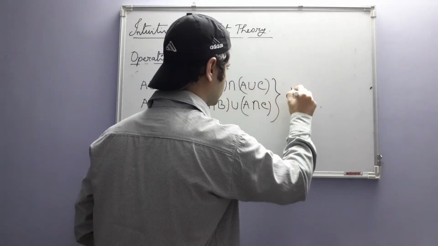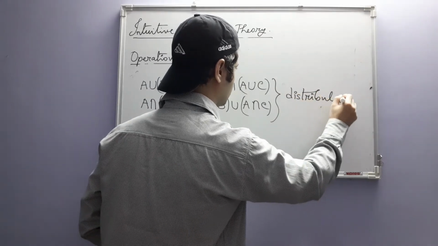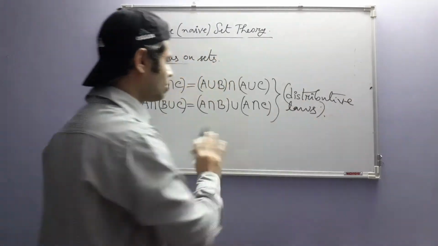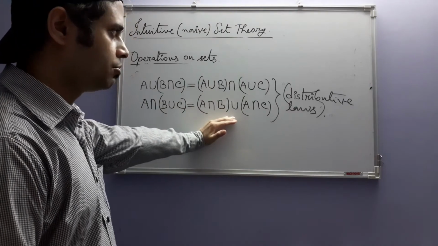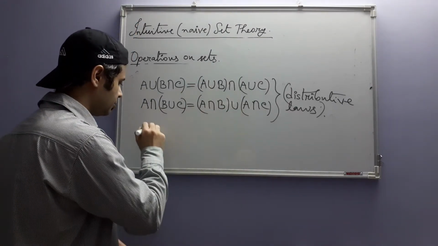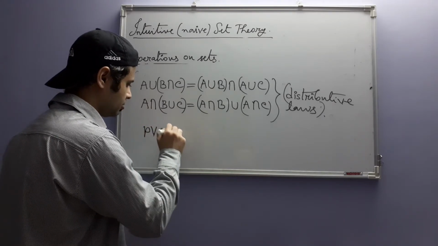These are called the distributive laws. These also I will not prove, and I suggest you to refer back to the distributive laws that we had in mathematical logic.